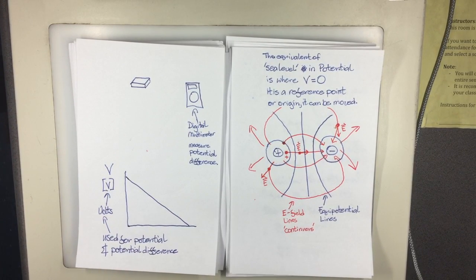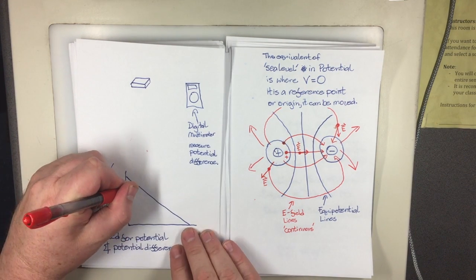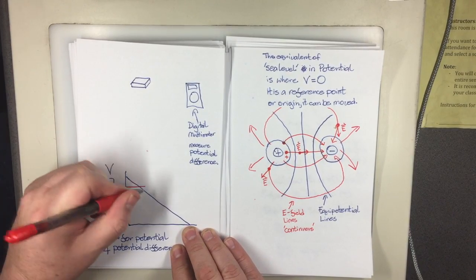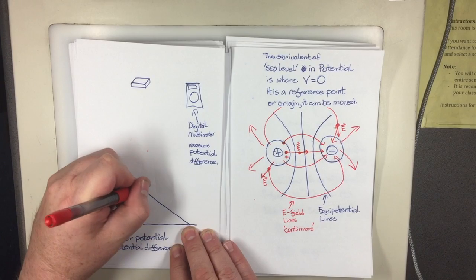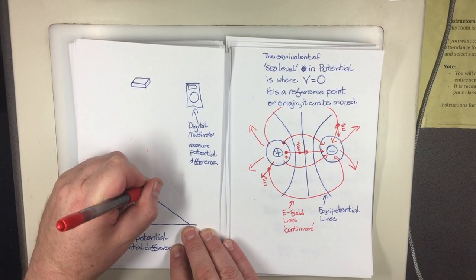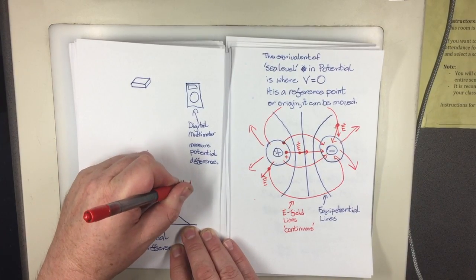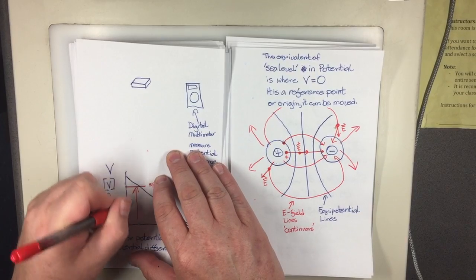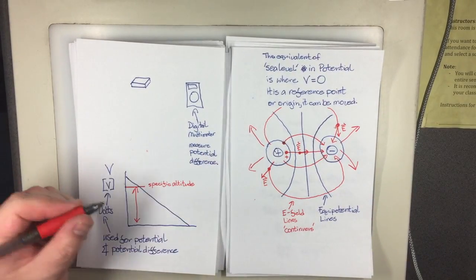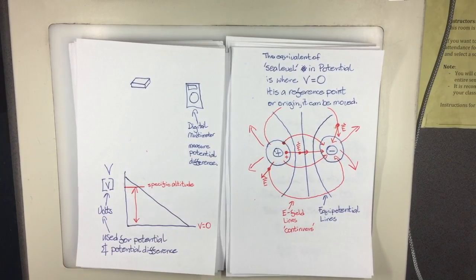Now, potential and potential difference, in my opinion, once you get a firm grasp of what it is, you basically say, well, there's no real difference between the two, potato, potato. If we were at a specific potential here, that means we're at a specific altitude compared to 0.